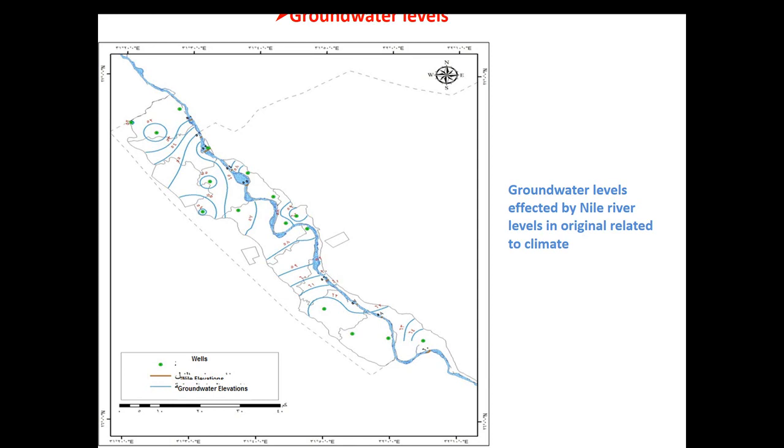You can see in this map the high level of groundwater in the south area, and going to the north we can see the low level of groundwater that is affected by the Nile River at four seasons of the year.